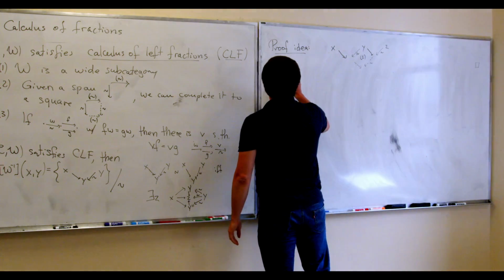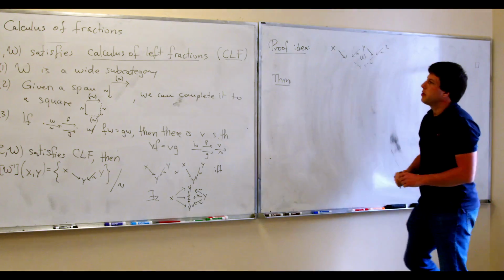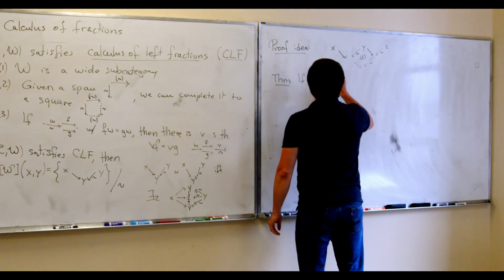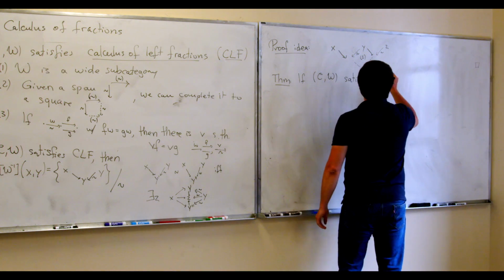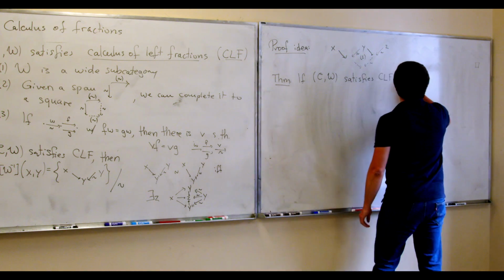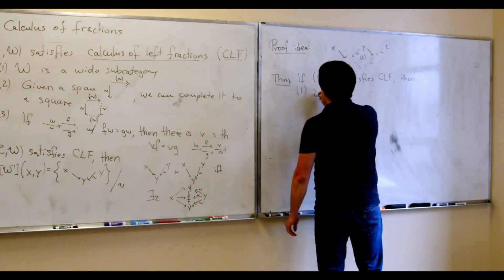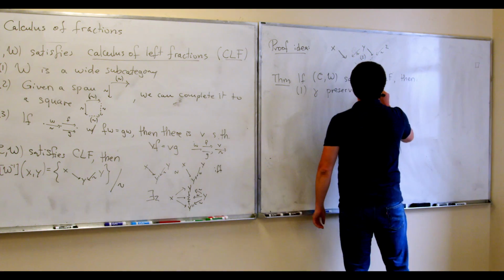So here is another theorem that they prove, and this is where you should get a little bit suspicious. If CW satisfies CLF, then first, gamma preserves finite colimits.